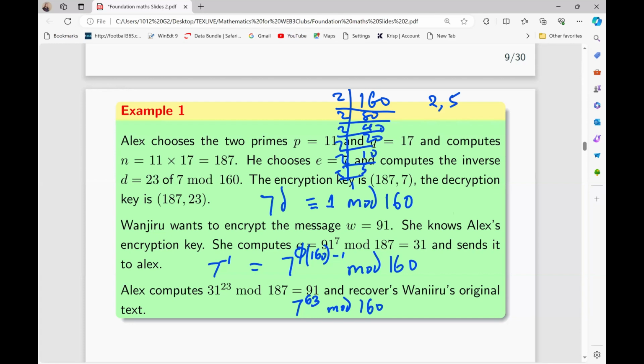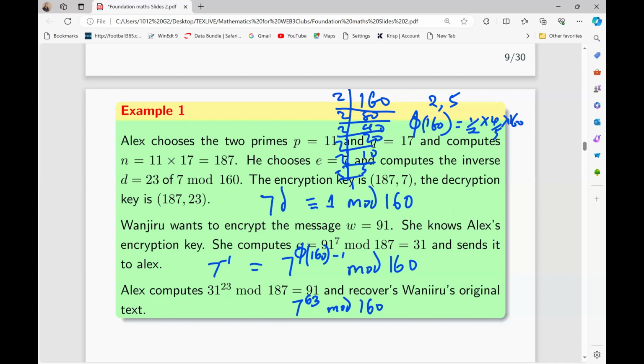So to get phi of 160, therefore, is a half times 4 out of 5, then times 160. That gives you 64. 64 minus 1 gives you 63.